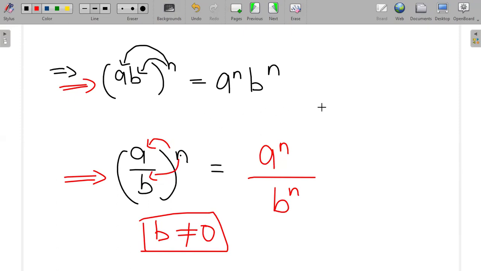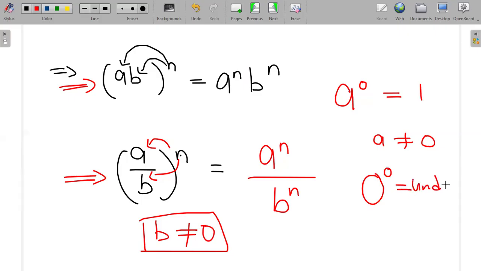Another simple rule that you should take note of is that A to the power 0 is always equal to 1, as long as A is not equal to 0. So any number that you can think of raised to the power 0 is 1. But if you write 0 to the power 0, this one is undefined.